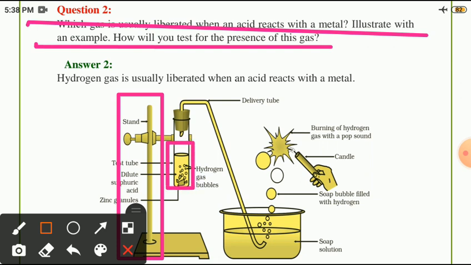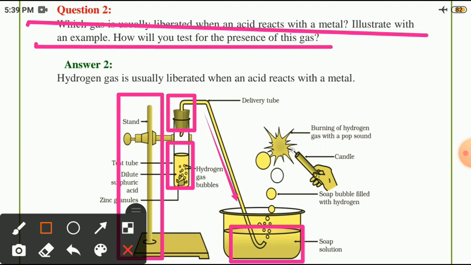Then we will cover its face with the cork and we will arrange a delivery tube from the mouth of the cork towards the soap solution.